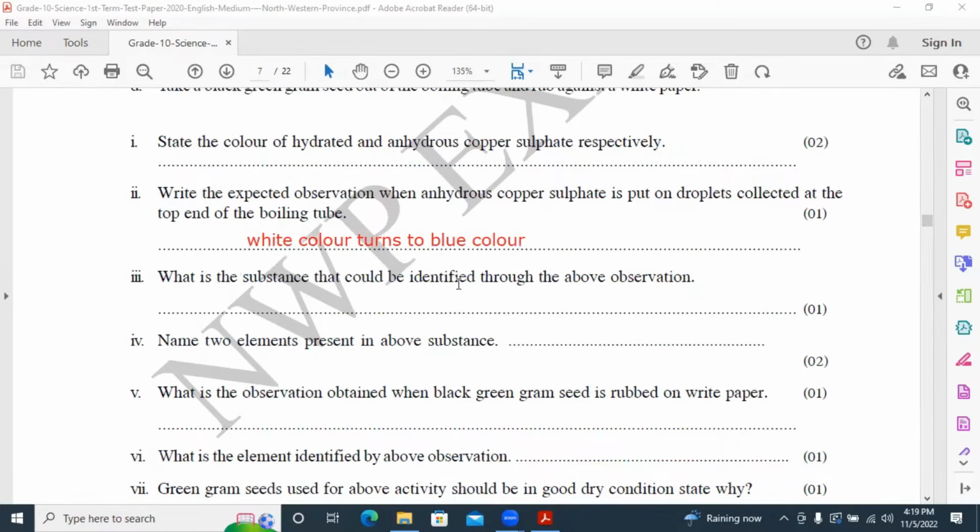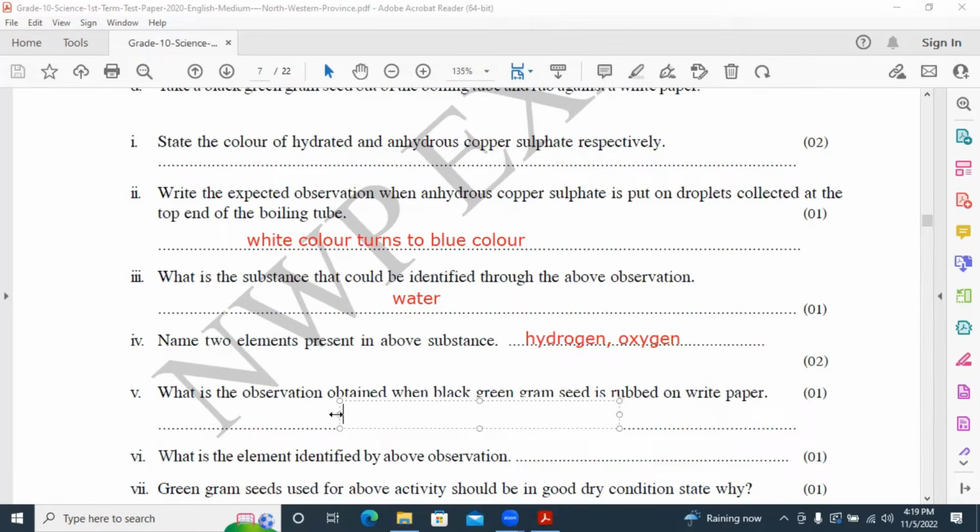Next one, what is the substance that could be identified through the above observation? Water is the answer. Name 2 elements present in the above substance: hydrogen and oxygen. What is the observation obtained when a black green gram seed is rubbed on white paper?